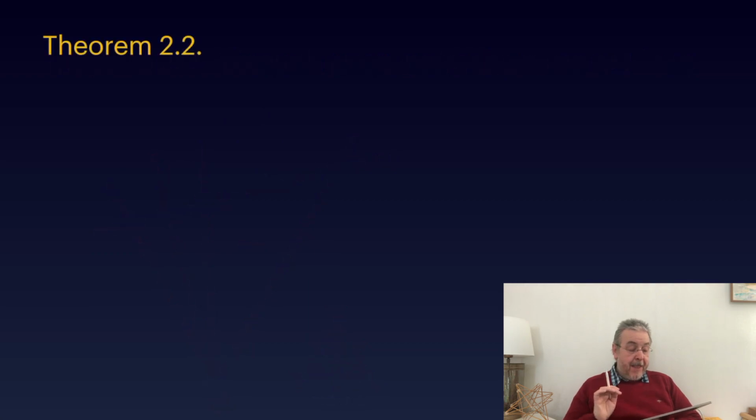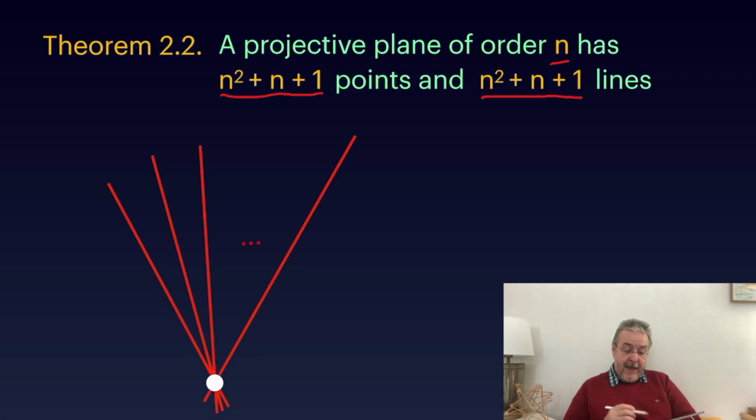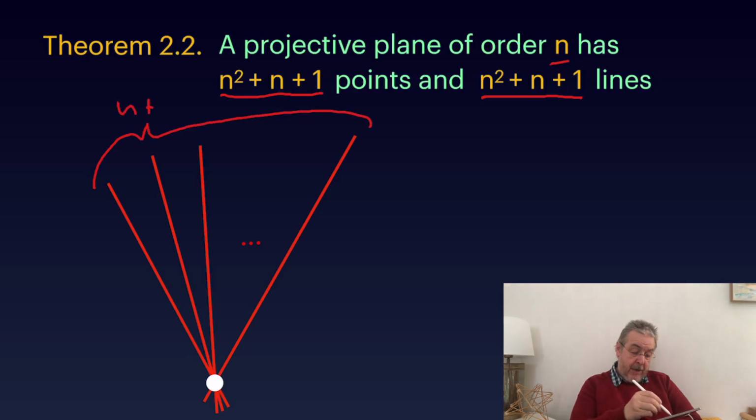So, next theorem: a projective plane of order n has exactly n squared plus n plus 1 points and n squared plus n plus 1 lines, and the proof is a direct consequence of everything we did so far. So let's have a look. We have a projective plane of order n, and we just have seen that through such a point we have altogether n plus 1 lines.